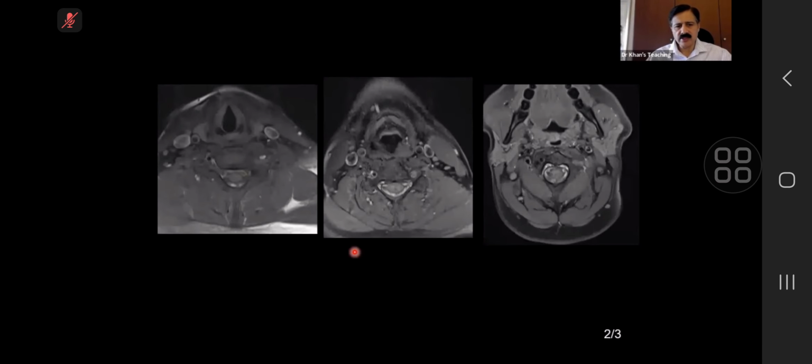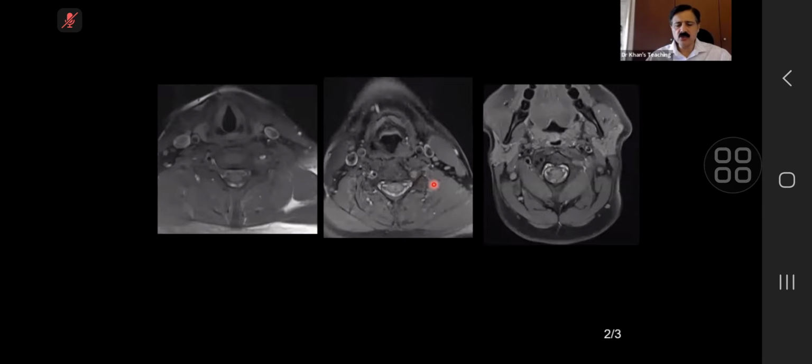Actually, the abnormality is on the left. The right is absolutely normal. This is the filling defect. If you can see on this T1 weighted sequence, some high signal here, and it goes into the foramen, and it is completely obliterated. So there is complete occlusion.